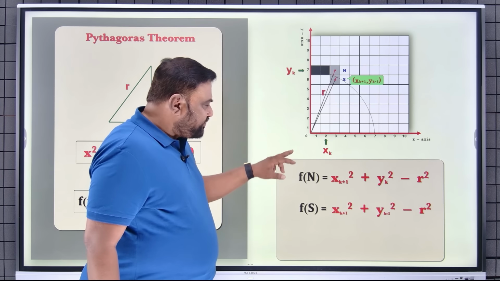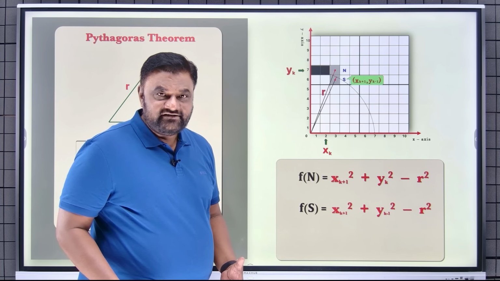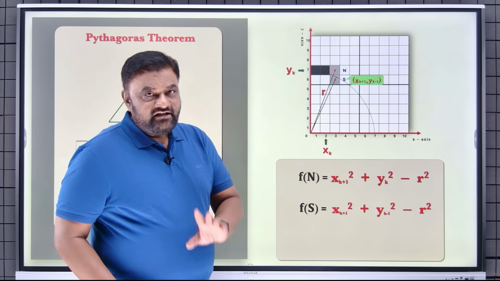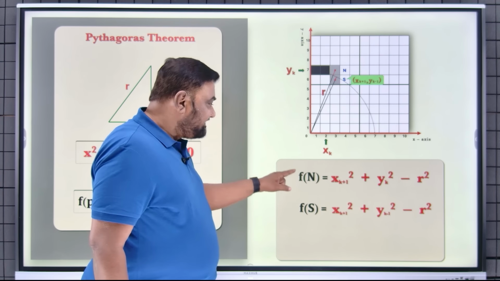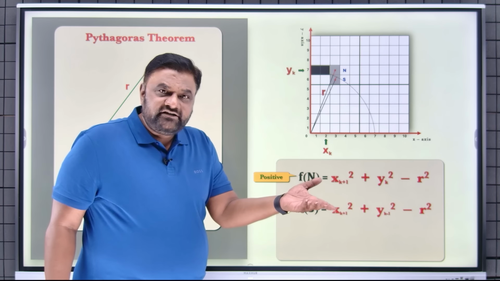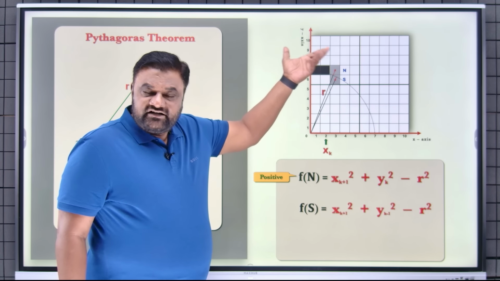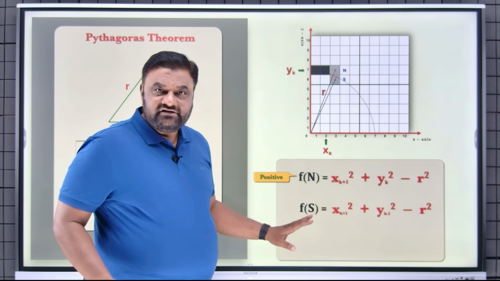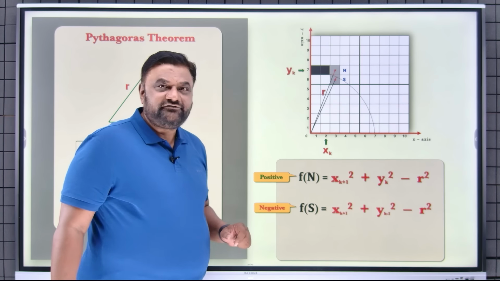Now these two functions will help us decide whether to keep y as it is or decrement it. I have already explained that this function always gives a positive result, greater than or equal to 0, because the point is outside the circumference of the circle. Definitely it will not be inside. And this always gives a negative or 0 result, so this is the negative function.